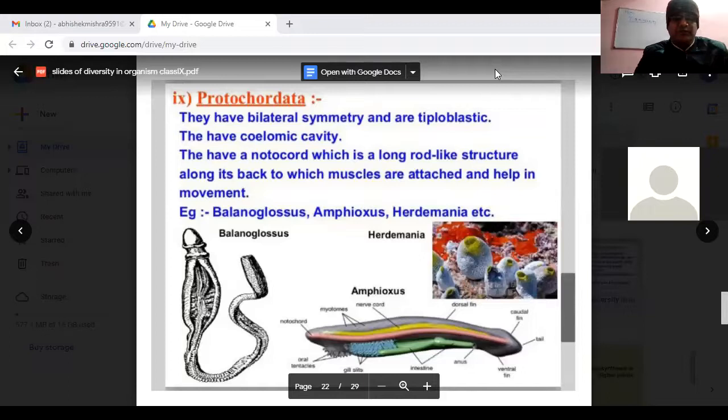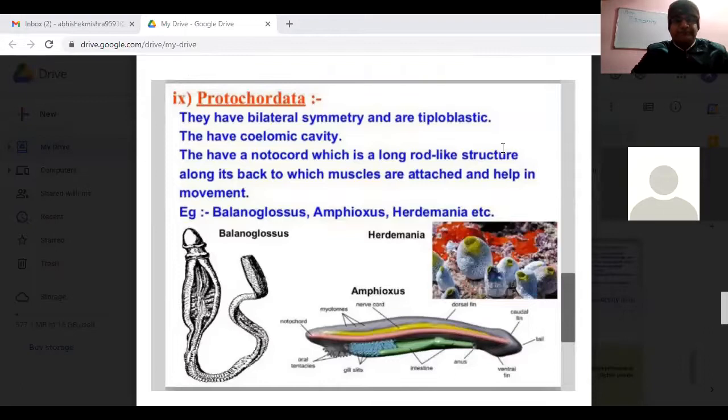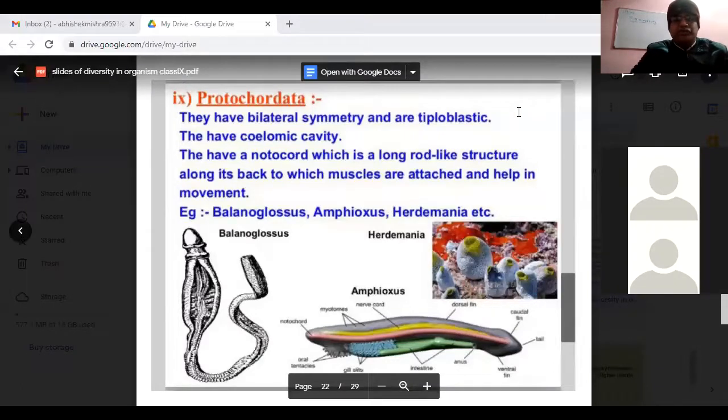Next, Agrata. Agrata, you can unmute yourself. I have given you the option. Agrata, what do you mean by the term Echinodermata?